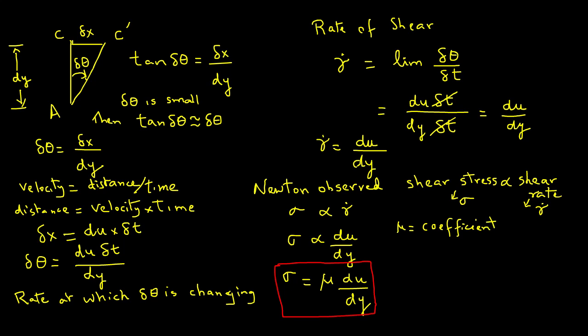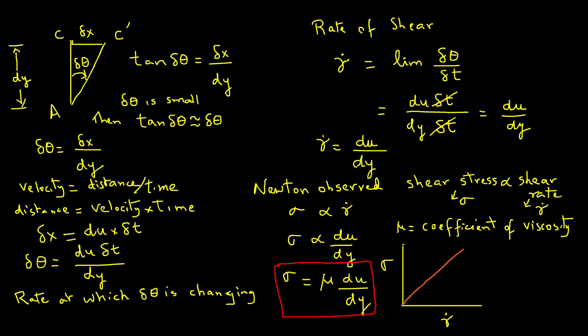Newton is the one who first observed this direct proportionality. So all fluids that have this direct proportionality between shear rate and shear stress are called Newtonian liquids. So water is a Newtonian liquid, milk is a Newtonian liquid, juices are Newtonian liquids, and so on.